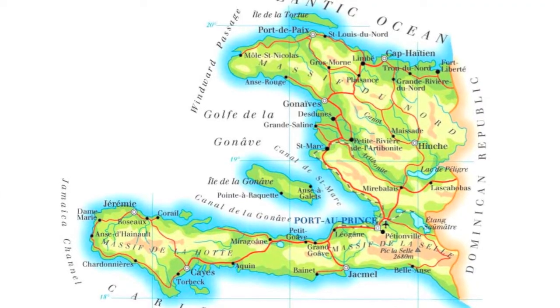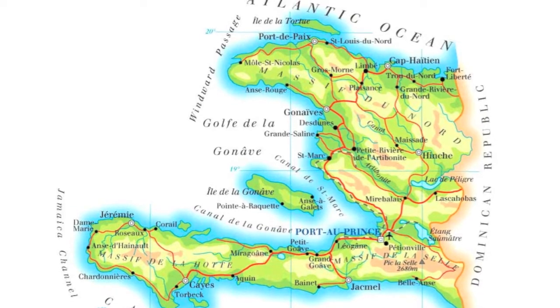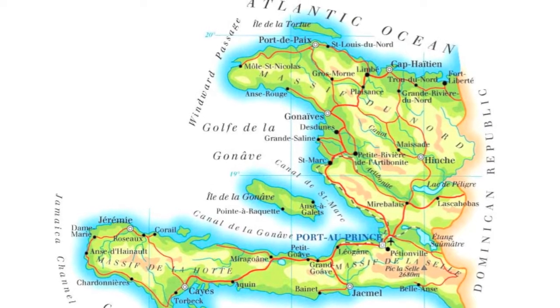Alright, now it's time to get into the Haitian Revolution. But first, I just want to give a little background and make sure we all know where Haiti is. Haiti is a country in the Caribbean, and before the Europeans began exploring the New World, they had no idea Haiti existed on the globe. Before Columbus in 1492, no Europeans knew anything about Haiti.